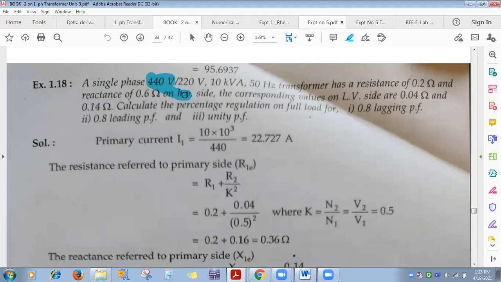That's why it is the HV side. Okay, that is, primary is the high voltage side. And if you observe, 220 volt is less compared to 440, so that is the LV side, that is secondary. So primary side resistance and reactance is given to you, and secondary side resistance and reactance are given to you.